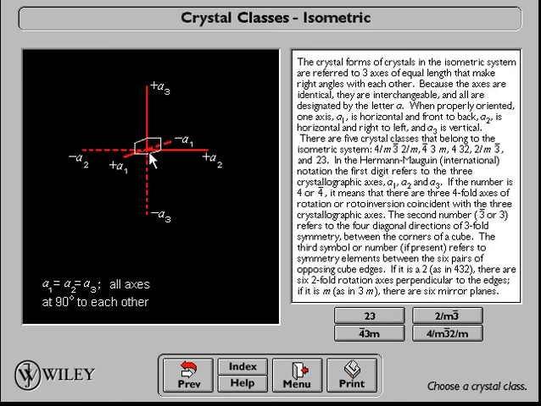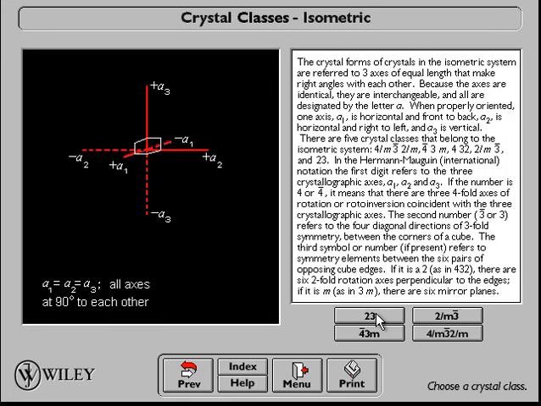The third symbol, if present, refers to symmetry elements between the 6 pairs of opposing cube edges. If it is 2, as in 4 3 2, there are 6 twofold axes perpendicular to the edges. If it is m, as in 4̄ 3m, there are 6 mirror planes.